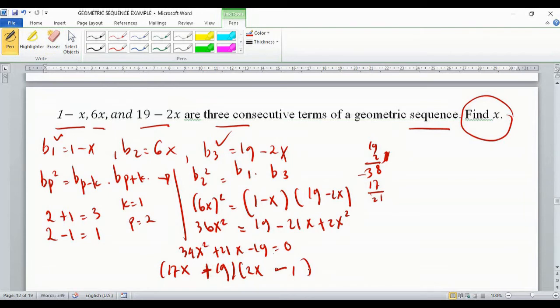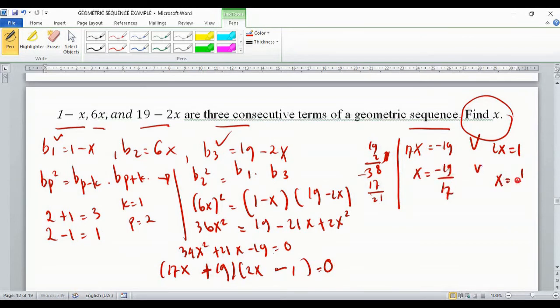So we get the values of x: 17x equals minus 19, or 2x equals 1. So x equals minus 19 over 17, or x equals 1 over 2, everyone.